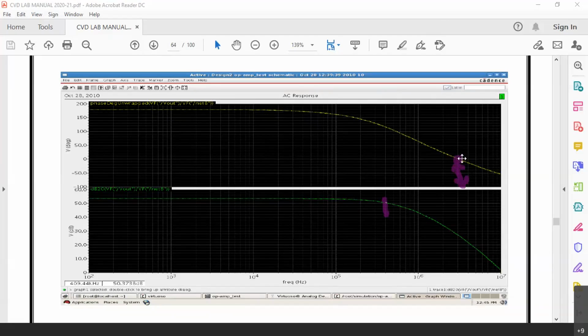Phase has become 0, but gain has not yet become 0. When the gain becomes 0, there you can see the gain margin also. So there is this phase margin and gain margin. Larger the phase margin, larger the gain margin, more stable is the circuit. This is with respect to gain curve and phase curve.